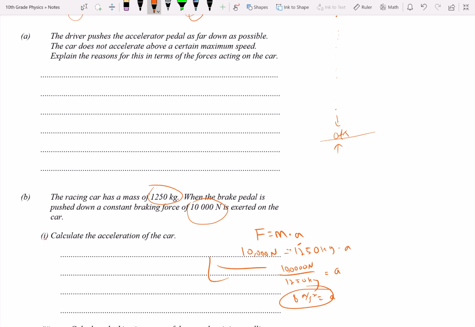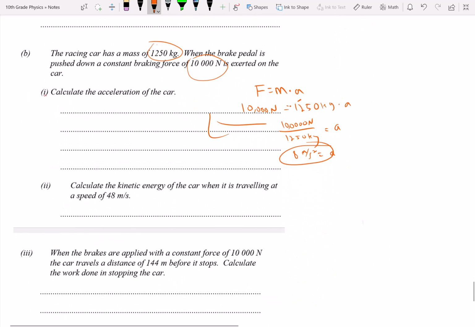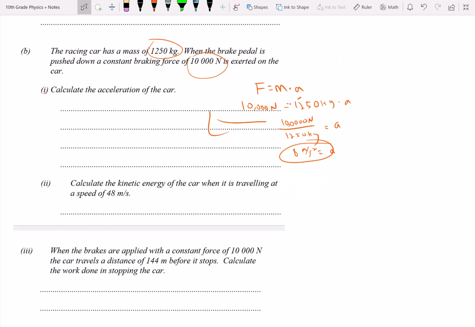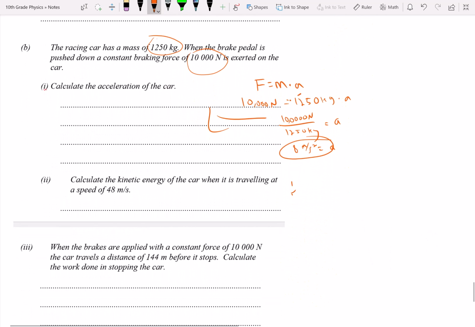All right, calculate the kinetic energy of the car when traveling at a speed of 48. So just remember that kinetic energy is 1/2 mass times velocity squared. So that's 1/2 times the mass of the car, 1,250, traveling at 48 meters per second, and you have to square that. This one didn't show velocity squared. Again, that formula is given to you, so you don't have to worry about memorizing it, although hopefully you have it memorized by now.